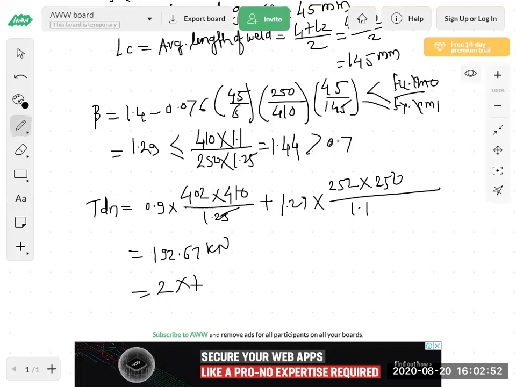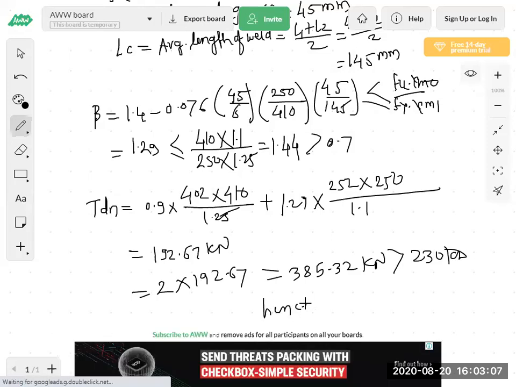So 2 into 192.67 is equal to 384.32 kilonewton, and it should be greater than 230 kilonewton. Hence, safe. It means the design strength due to rupture of critical section is also safe. Means provided section is safe for the design strength due to rupture of critical section.